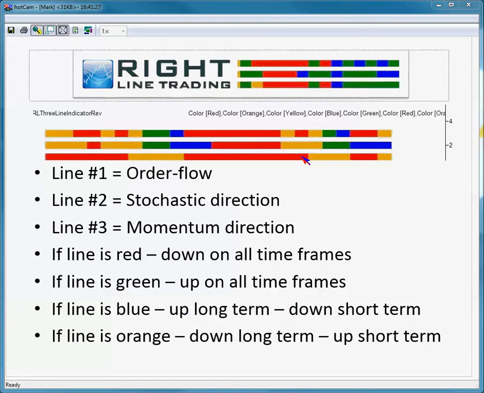Since longer term time frames rule, you can take a long trade when the color is blue. If the line is orange, order flow, stochastic, and momentum are down long term but up short term. Again, since longer term time frames rule, we go with the longer term direction, and we can take a short trade on an orange colored signal.